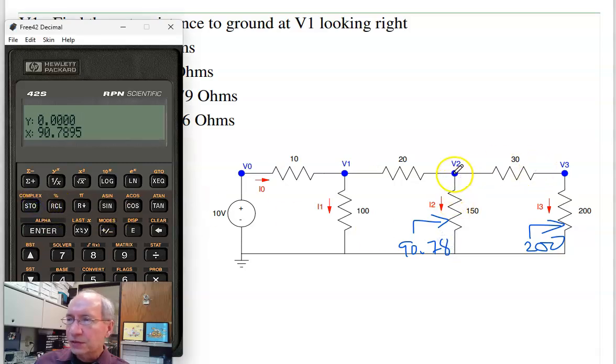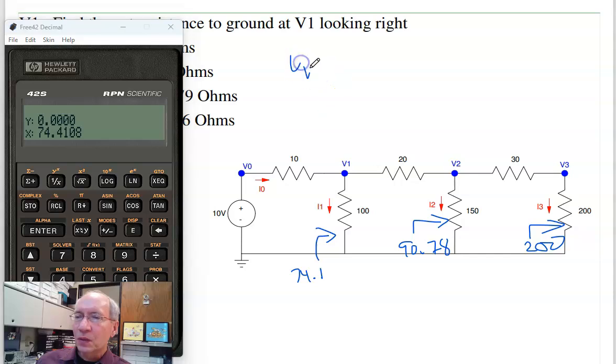That's the resistance at B2. At this point looking right is that resistance plus 20 and parallel with 100. So take the inverse, 100 inverse plus the other inverse, 74.4 ohms.